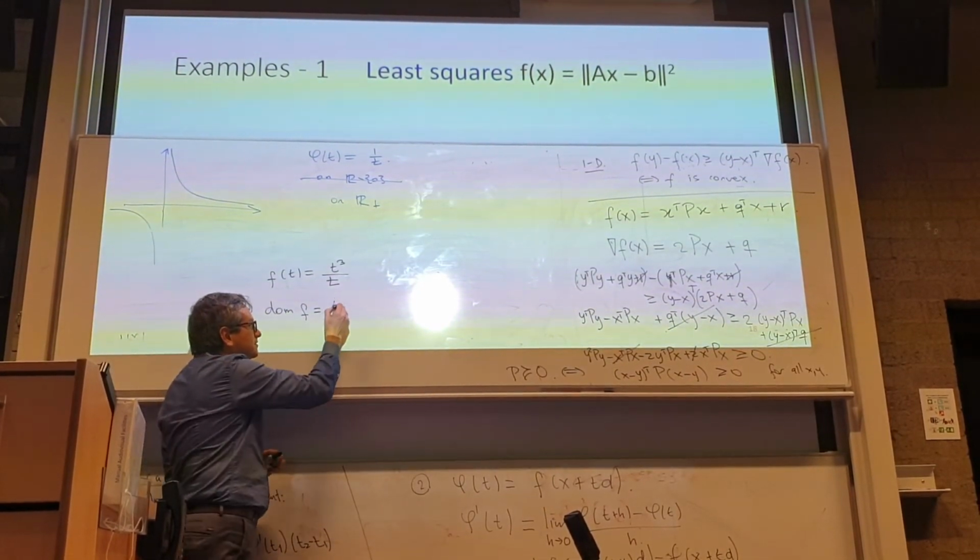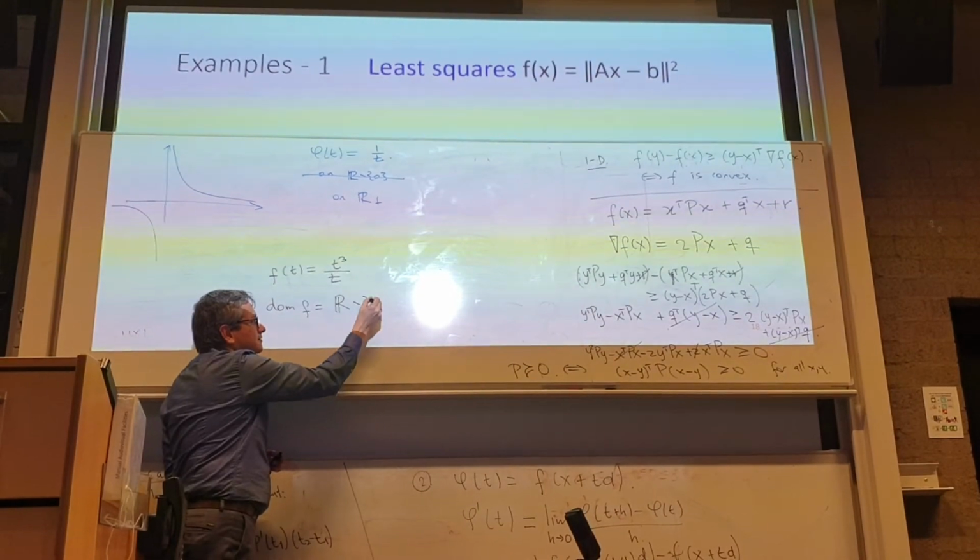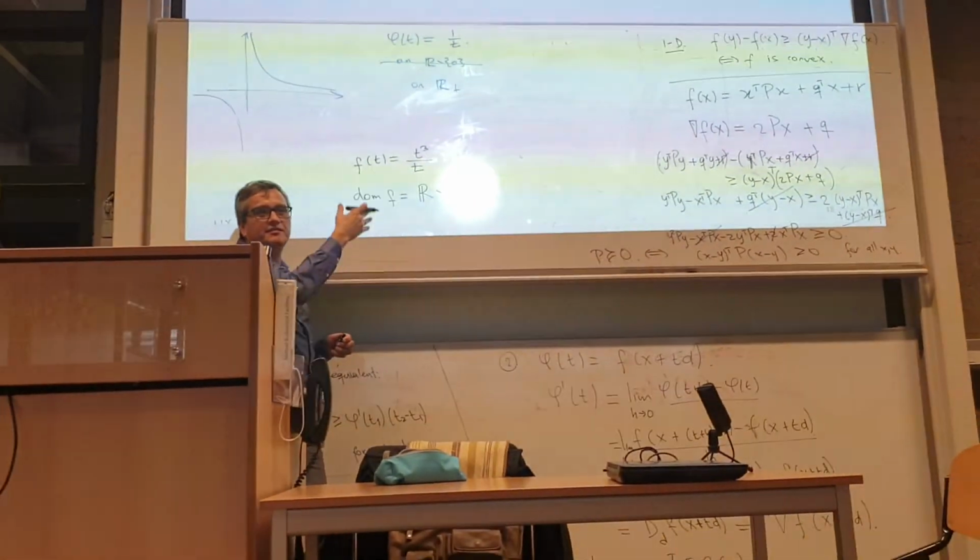All the points except 0. Why? Because when I evaluate at 0, I get 0 over 0.